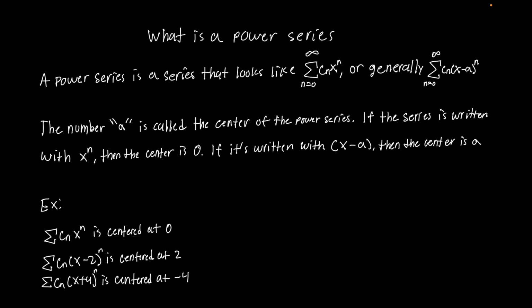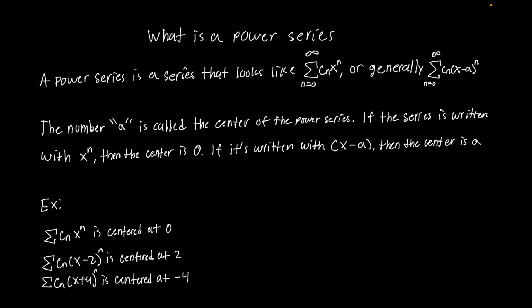So basically a power series is just built from the powers of how far x is from the center. It might sound confusing, but we'll clear it up. For the examples, the first one, c to the n times x to the n, is centered at 0. The second one, x minus 2 to the n, is centered at 2.